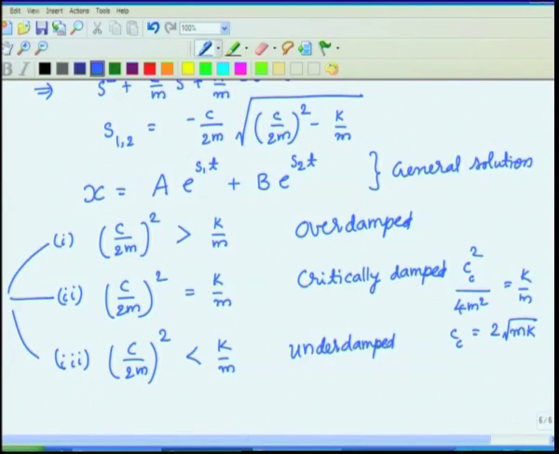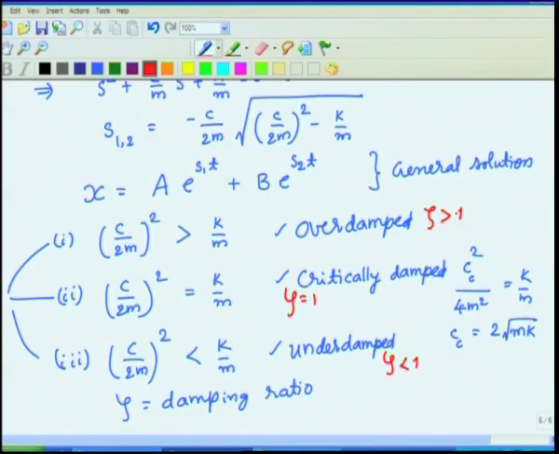We have 3 cases: overdamped, critically damped, underdamped, and for that we can define something called the damping ratio, which we denote with this zeta. So, here zeta equal to 1, here it will be less than 1, here it will be greater than 1.